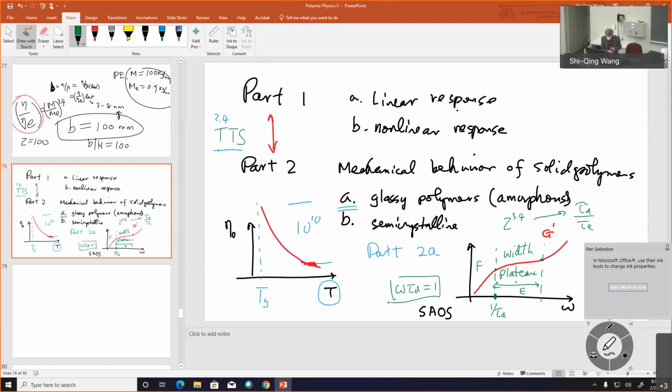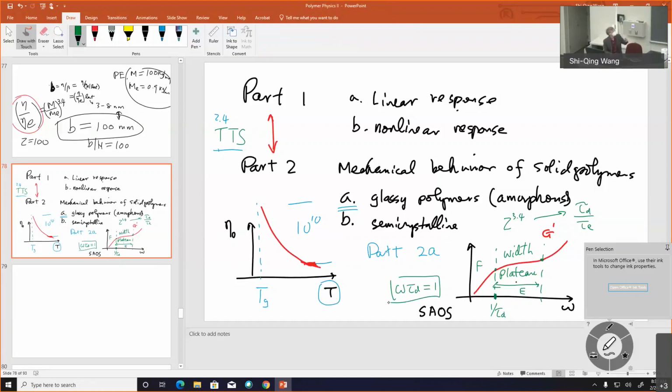So obviously, when you go to higher frequency than 1 over tau_d, your polymer chain cannot reptate out of the tube. So given the time you're giving the polymer, they are stuck in the tube as you do this. So in that sense, it's equivalent to a cross-linked sample.